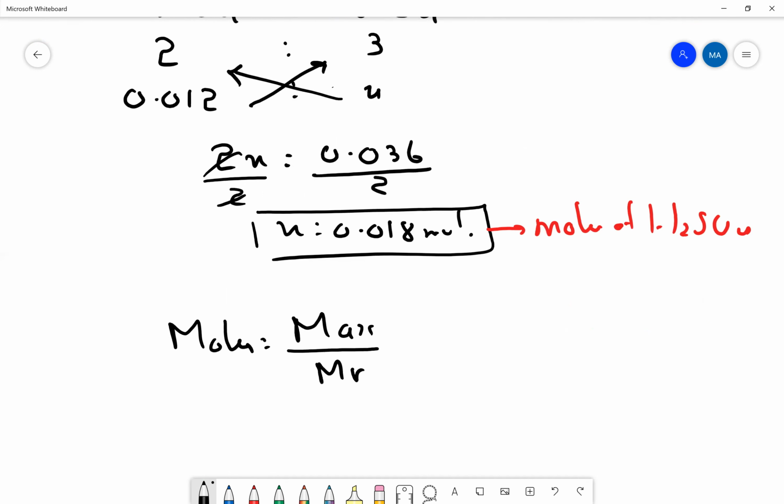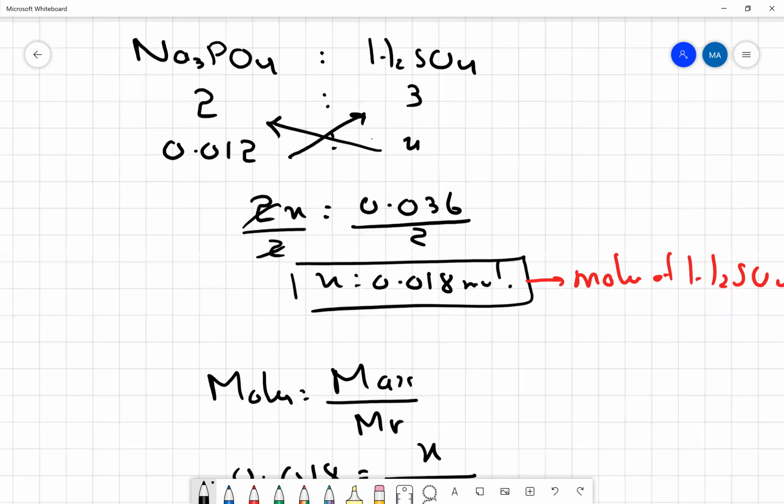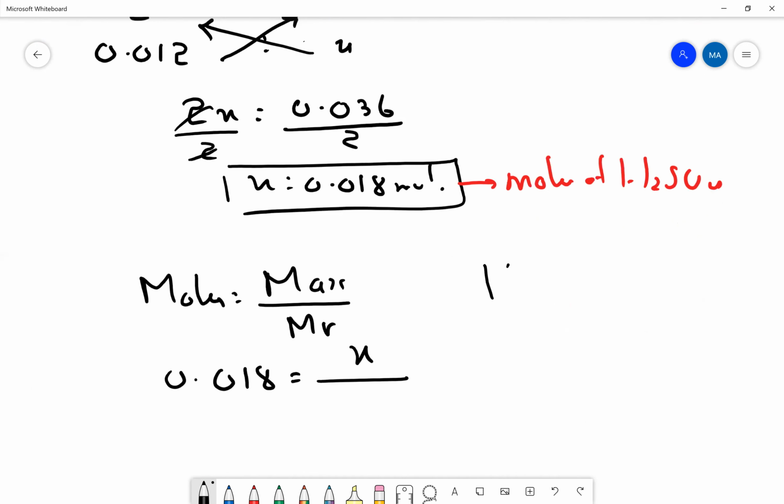Moles is equal to 0.018. Mass is unknown, so we're going to write X. For the MR, you can use the periodic table. How do we get the MR? H2: the mass of H is 1, and the coefficient is 2, so you multiply by 2. Sulfur is 32, I guess. Oxygen is 16 times 4.